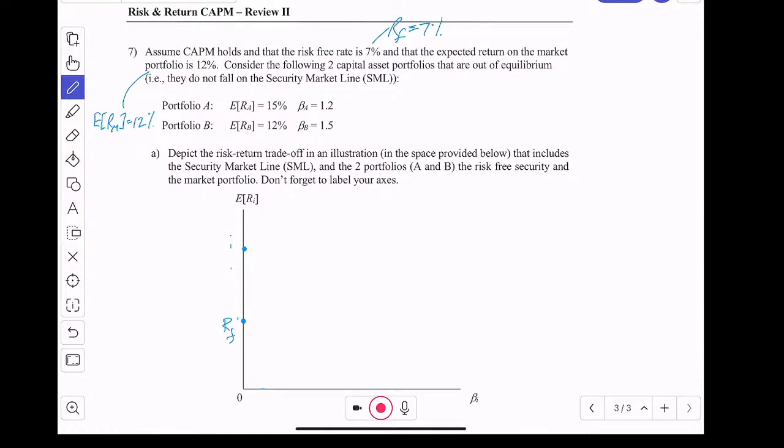This is going to be the expected return on the market portfolio. This is the expected return on the market portfolio.